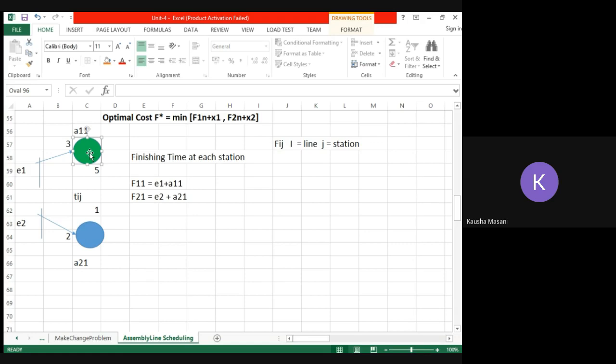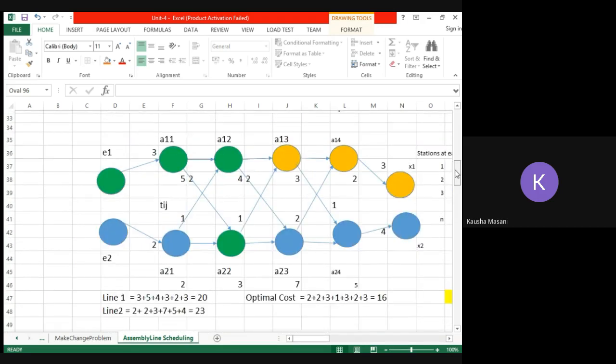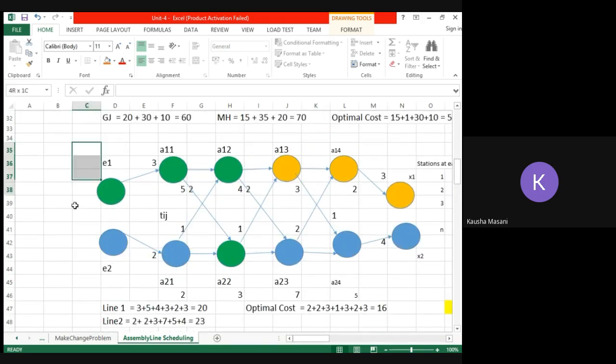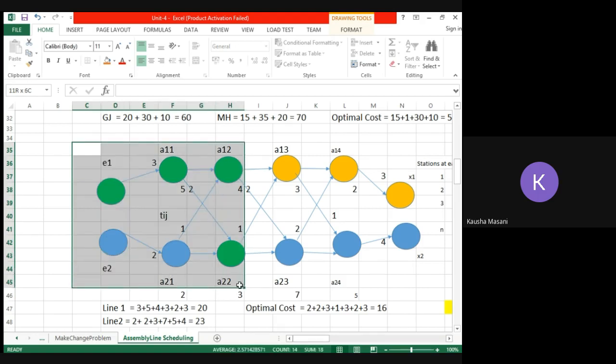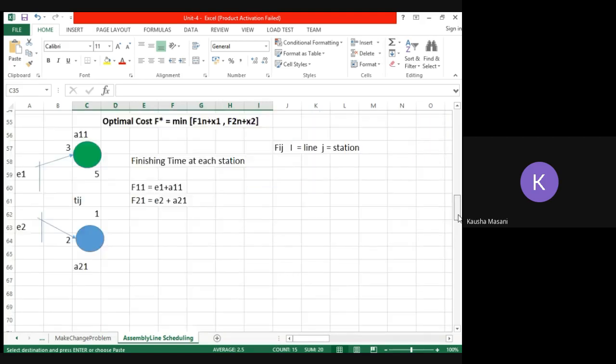Now if we add a few more stations here, let's say I'm adding these two stations more, next stage.